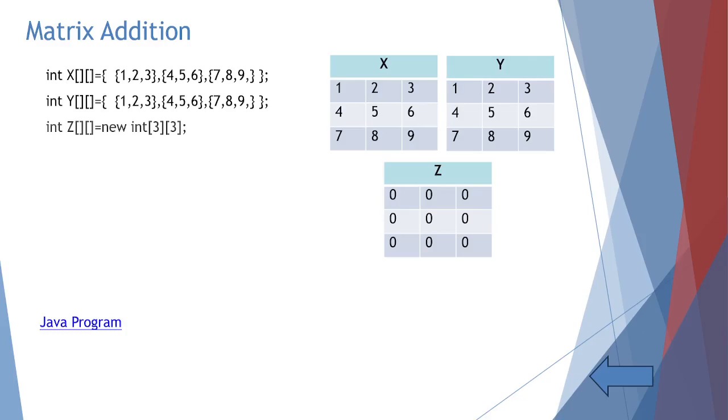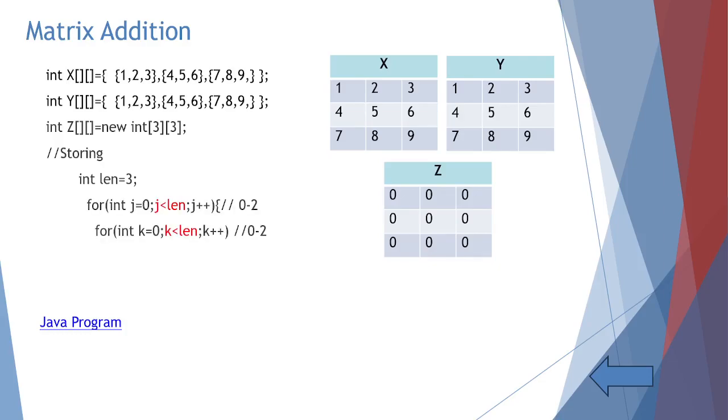The constructor has initialized and stored zeros in the Z matrix. Now storing in the third matrix after adding X and Y. For that we know that there is a requirement of a nested loop. Inside that, when j is 0, k works 3 times.